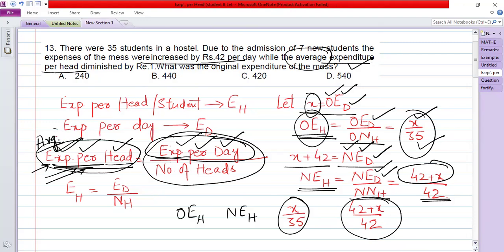So here the average is about expenditure per head. So here we have these two.